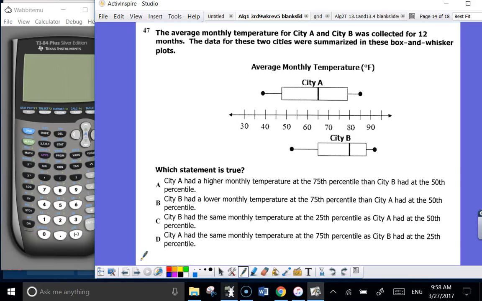This is lower than this? No. City B had the same monthly temperature at the 25th percentile, that would be there, as City A had at the 50th. Yes, they're all lined up. The median, which divides this into 50-50, is the same. So the correct answer would be this one right here.